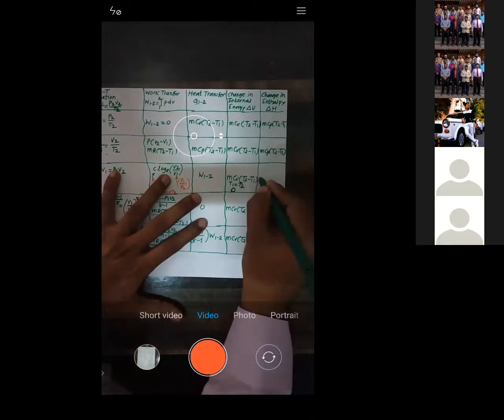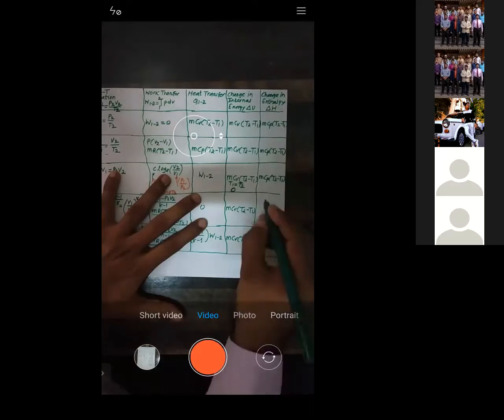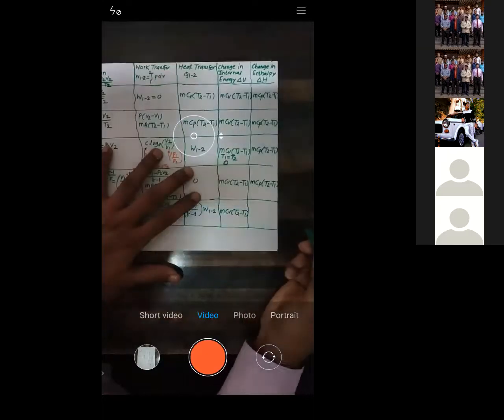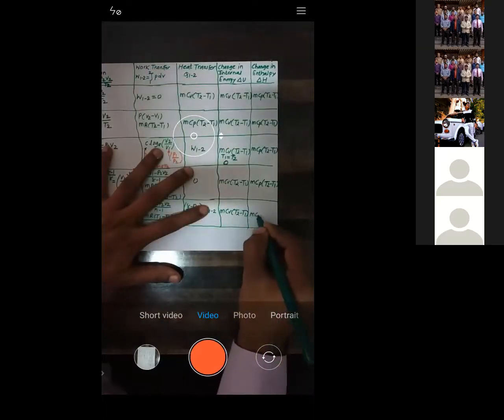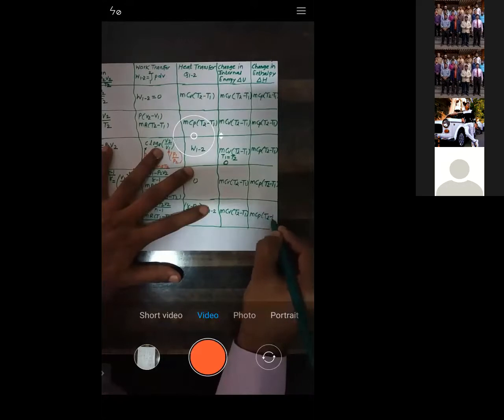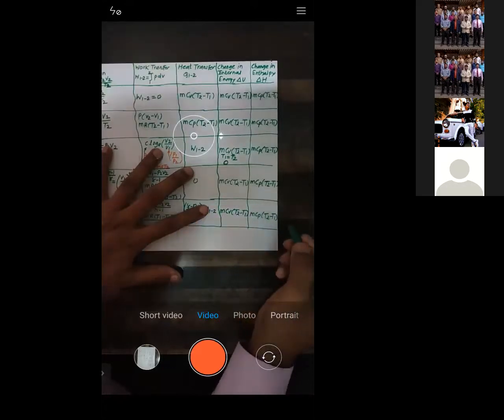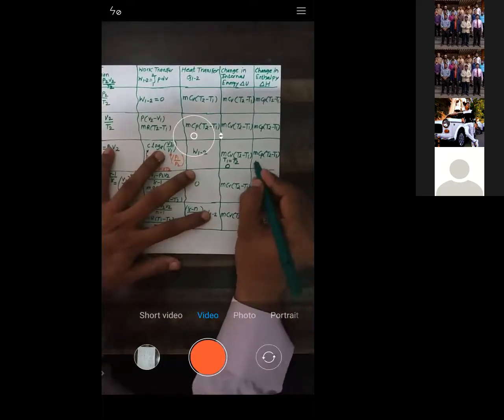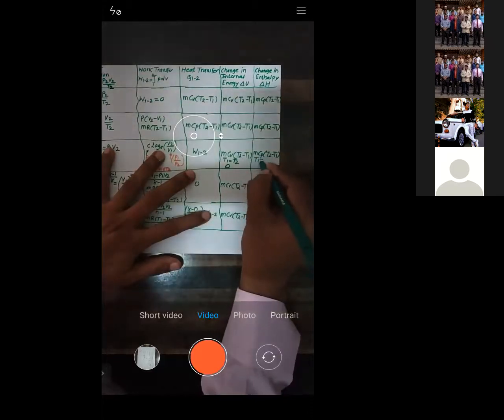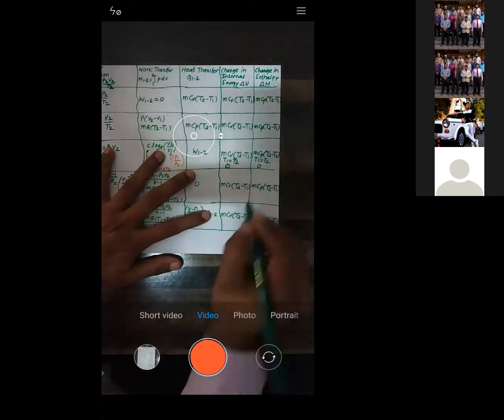Again here m Cp (T2 minus T1). But again, this is the isothermal process where T1 is equal to T2, so the change in enthalpy is 0.